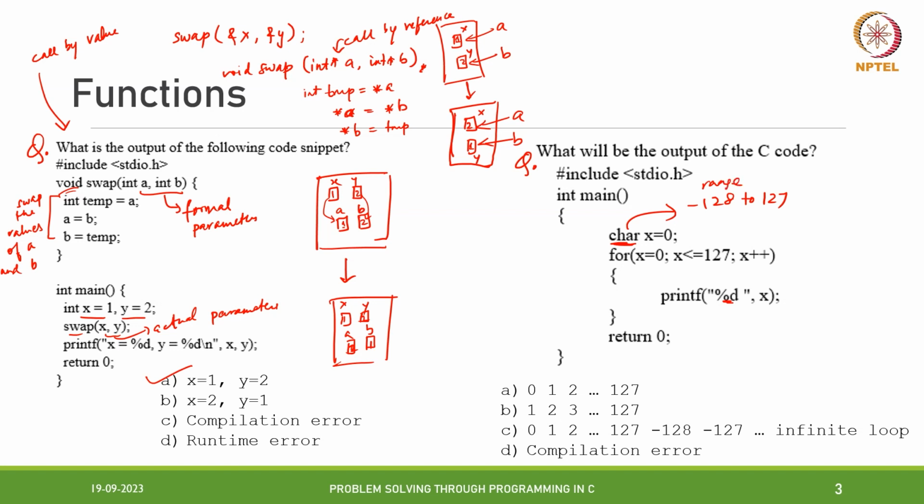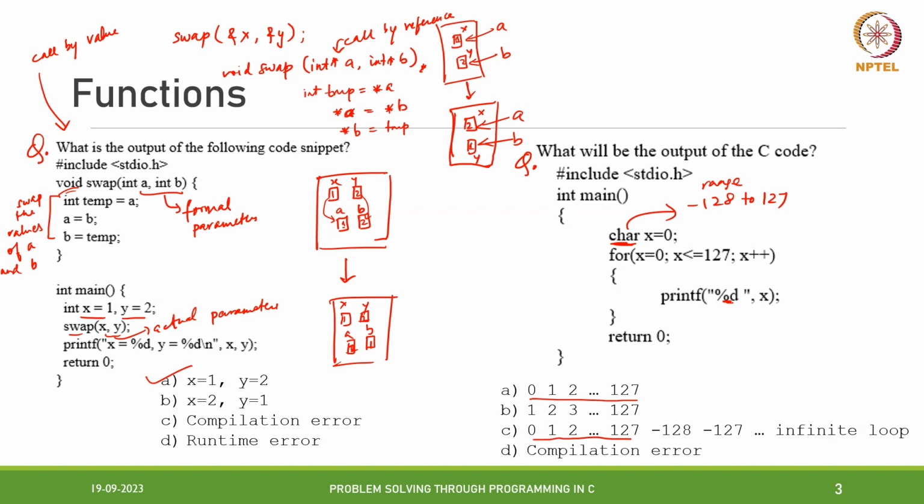Now you have a char variable set to 0, and from 0 to 127 it will simply increment and keep printing. So 0 to 127 will be printed.